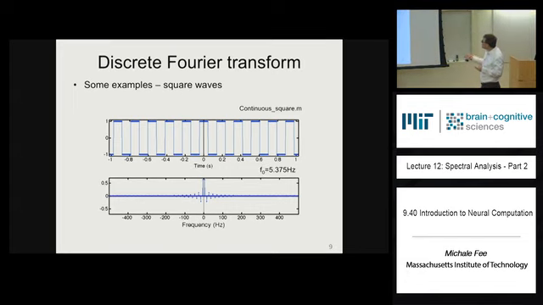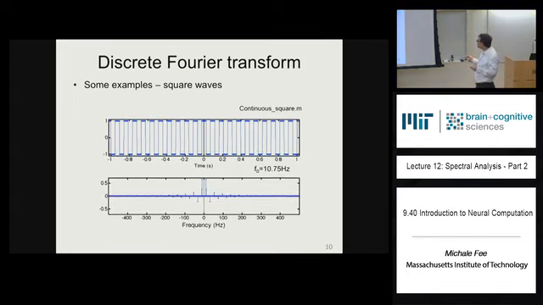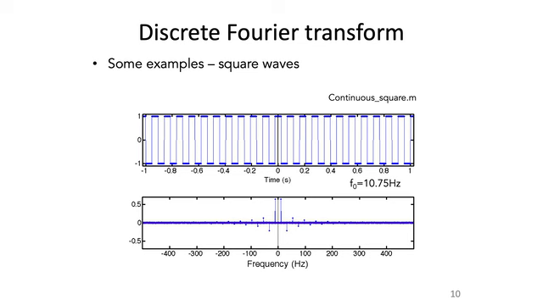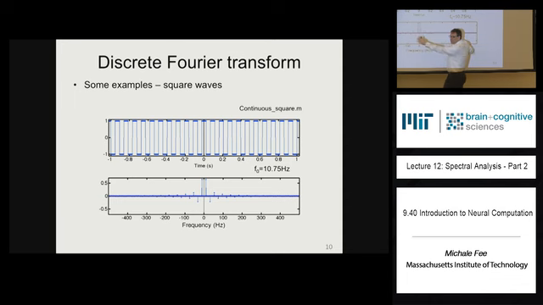Now, if you take that same function and you make it go faster, so now it's at about 10 hertz instead of 5 hertz, you can see that the Fourier transform is exactly the same. It's just scaled out. So the faster something moves in time, the more stretched out the frequencies are.